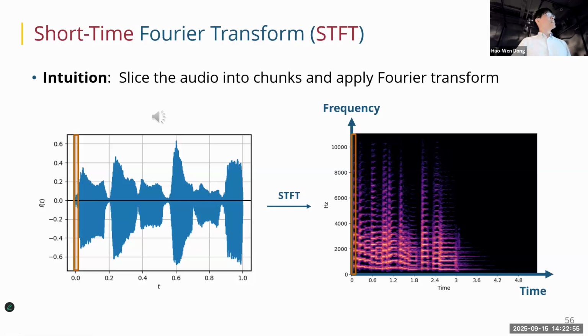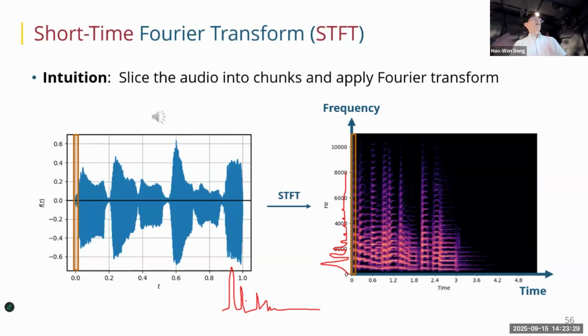So pretty much what you will get is something like this. Originally, when you apply the Fourier transform, what you get is that we find a peak, and we find a peak, and another peak.